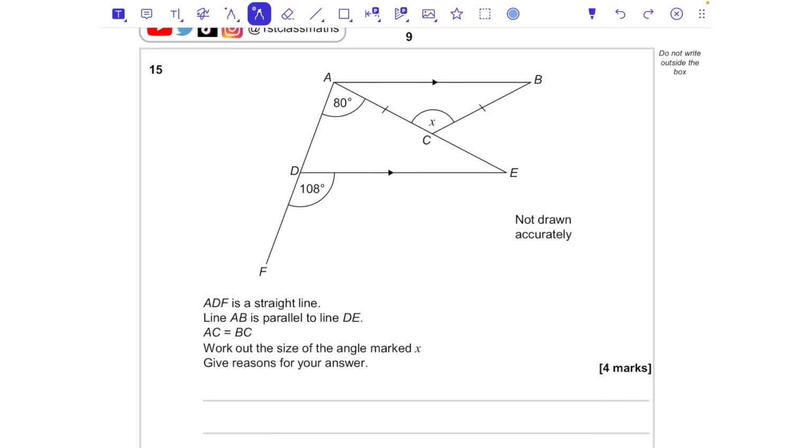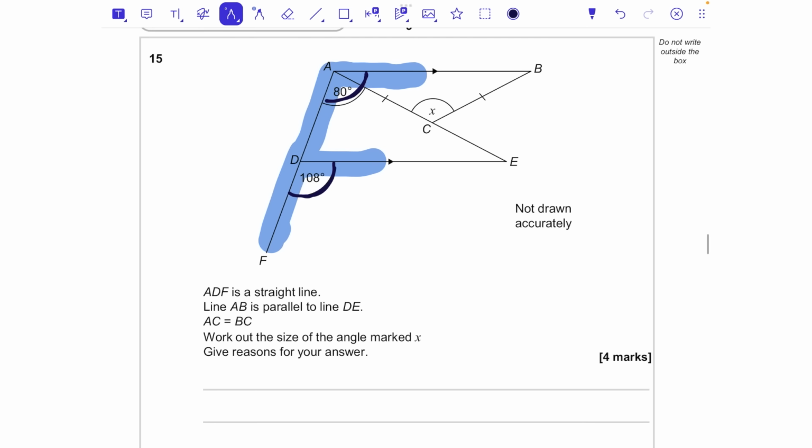And if I look here, I've got corresponding angles, that F shape there. So this angle here, 108, and this angle all the way to that parallel line would be equal to 108, both of them, because corresponding angles are equal. So the first thing I'm going to do is write angle BAD, this angle here, equals 108 degrees because corresponding angles are equal.